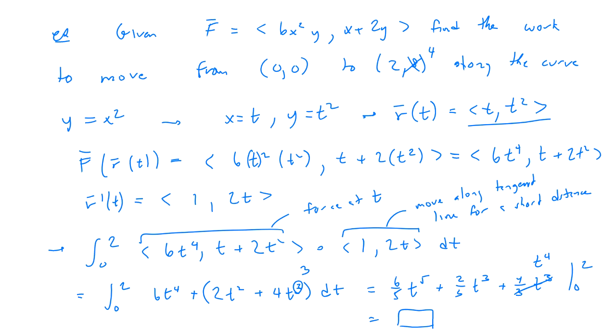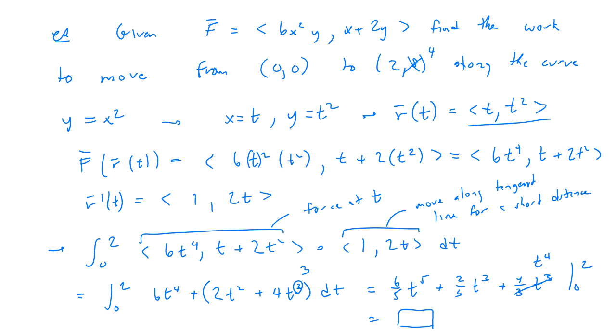There are lots and lots of different possible parameterizations. I could have made x equal t squared, and then y would have been t to the fourth. Or I can make x equal negative t and y equal t squared. So there are lots of possible parameterizations. Whichever parameterization I use, I'm going to get the same number. It doesn't matter which one you use.